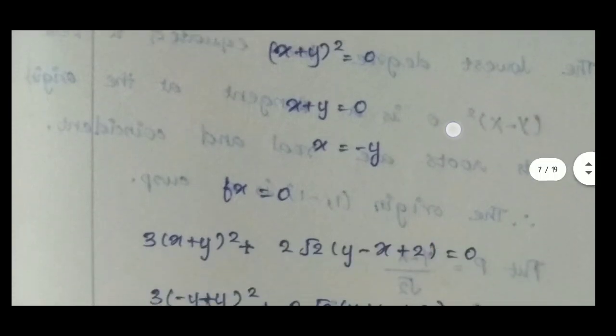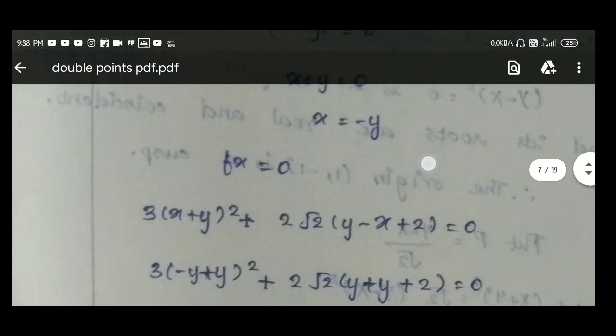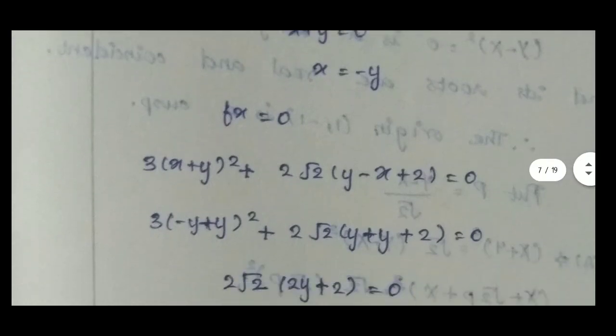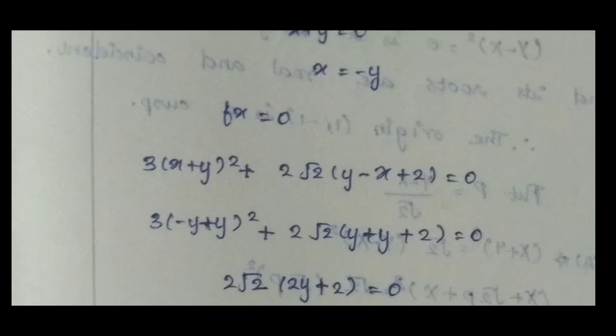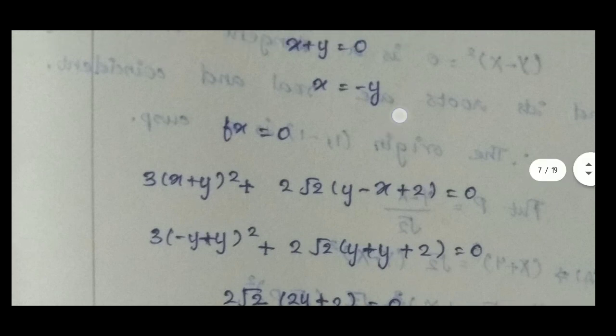Fx equal to 0 means 3 into (x plus y) the whole square plus 2 into root 2 (y minus x plus 2) equal to 0. Instead of x we substitute minus y.